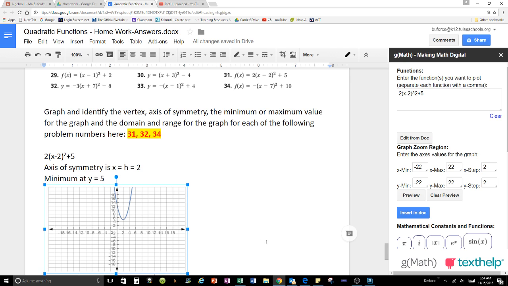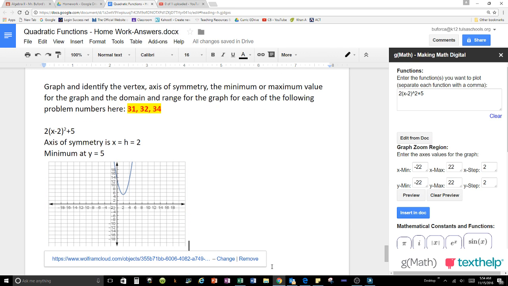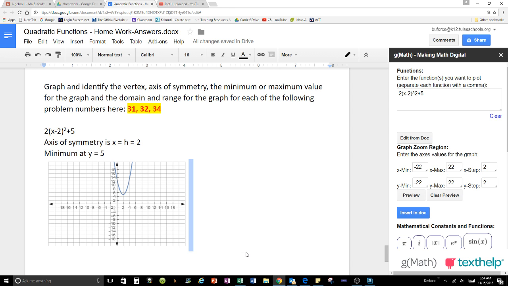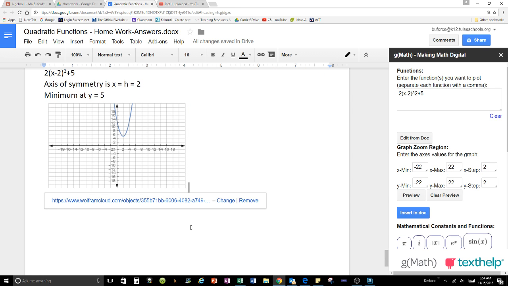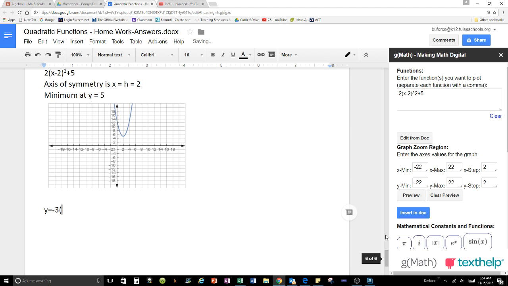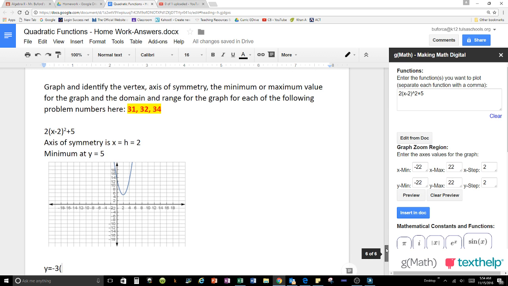Okay, so let's actually graph it and see if that's the case. So we have y equals minus 3, (x plus 7) squared, minus 8.